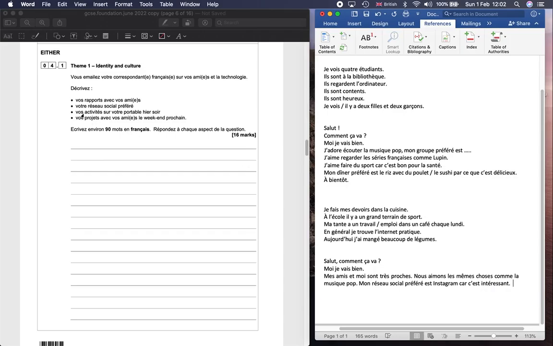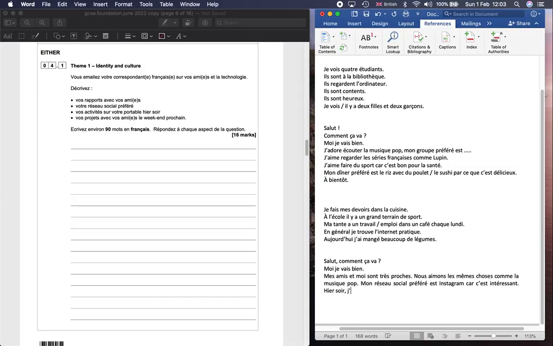Et let's have a look. Vos activités sur votre portable hier soir. So we can start by saying hier soir, last night. And here we have to use the past tense. Hier soir, j'ai utilisé, I've used Snapchat pour des photos. Also you can say, last night I used my phone to take pictures.